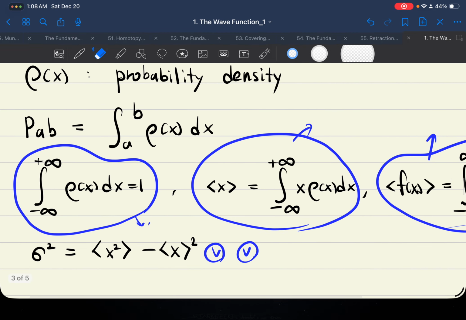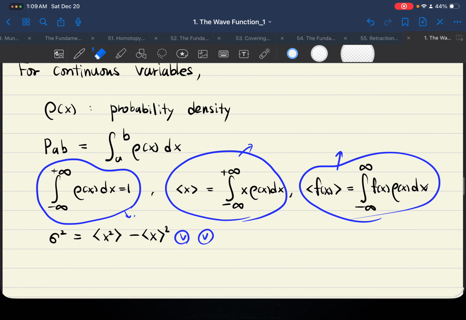And here is a very important fact: if we integrate over the whole space, we get 1. Why? Because if we integrate over the whole space, we get the whole probability, which is 1.